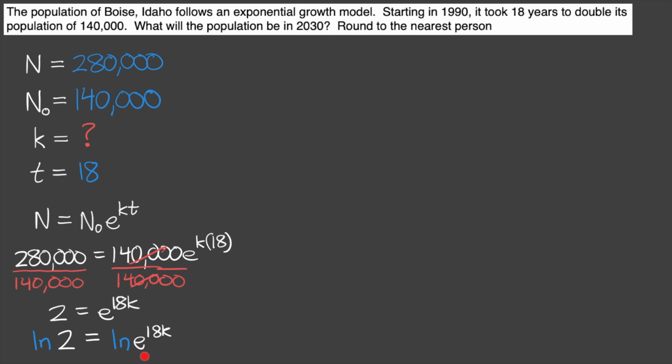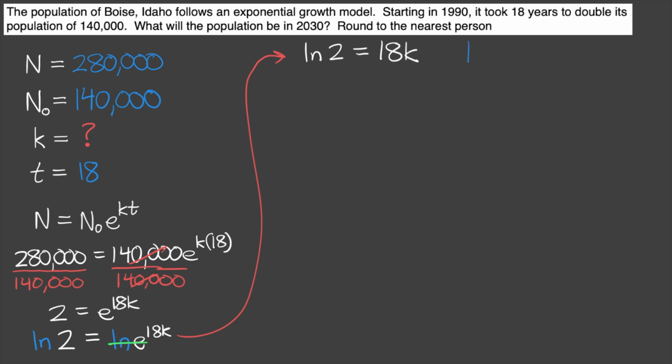So ln of e to the anything, these just cancel out, and it equals the exponent here. So on the left side, we'll still have ln of 2. So we'll write that here, ln of 2, and then equals. And on the right side, we have the ln of e to the 18k, which is really nice because the ln and e just cancel out. So we'll be left with 18k.